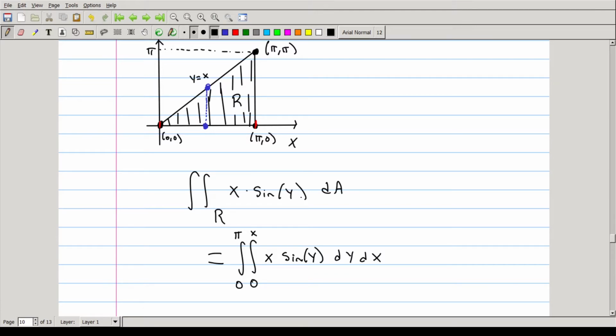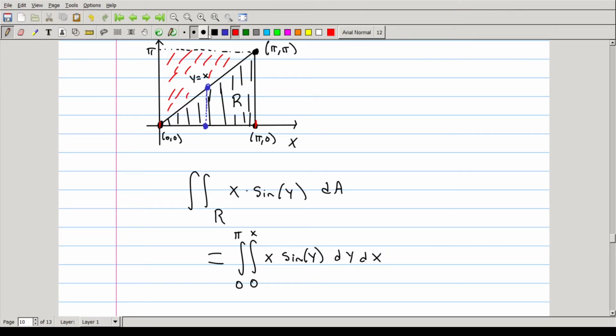Be careful here, it's not from 0 to pi. If you do 0 to pi and 0 to pi, you're going to get the integral of this function over the entire square here, which is not what we want. We do not want any of this region to be included in the accumulation. So if you just do pi here, you're going to get the wrong answer.